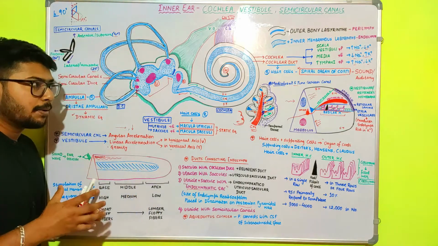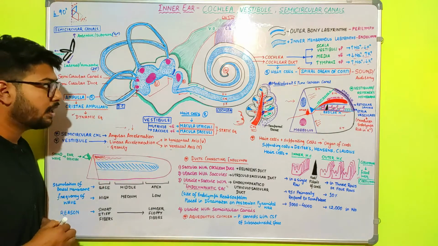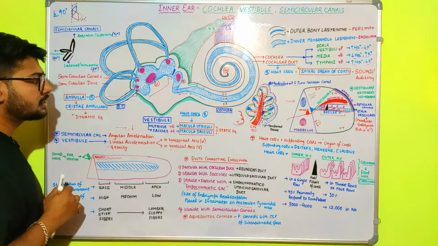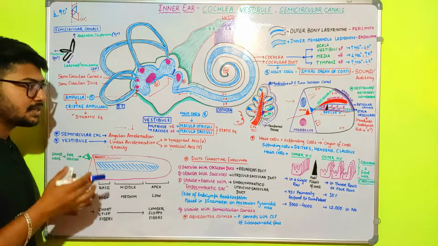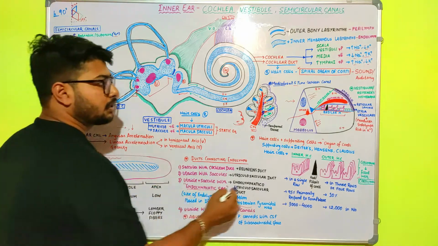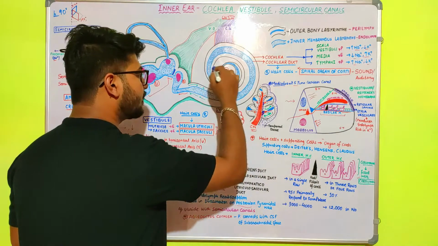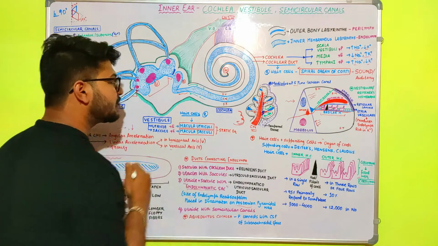Okay, so the most important questions that are asked on the inner ear are: what are the parts of the inner ear? What are the semicircular canals? And where are the hair cells, or the receptor cells, present? Then what is the cochlear duct? The cochlear canal has the cochlear duct inside it.